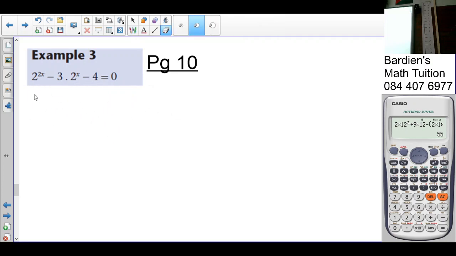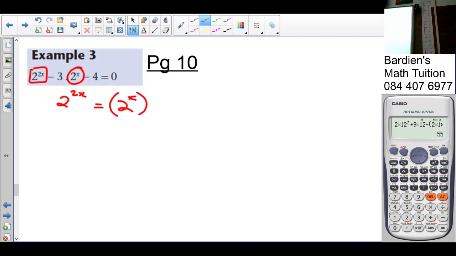Now remember, this here, 2 to the 2x, can be written as 2 to the x, 2 to the x squared. Not so? So I think to write it in terms of the middle term. Okay. So if that is the case, we're going to say, remember we're introducing a variable to the sum, so I must say what the variable represents.